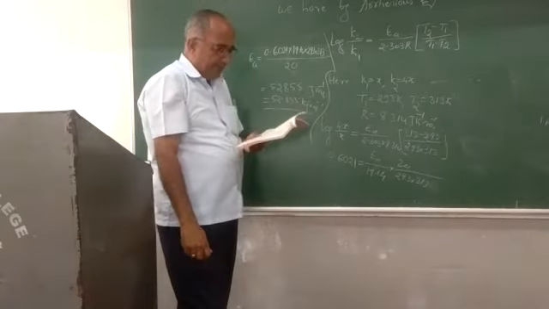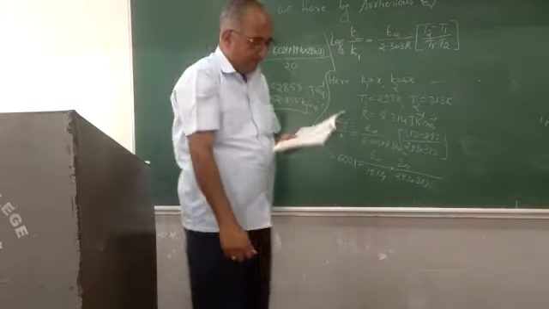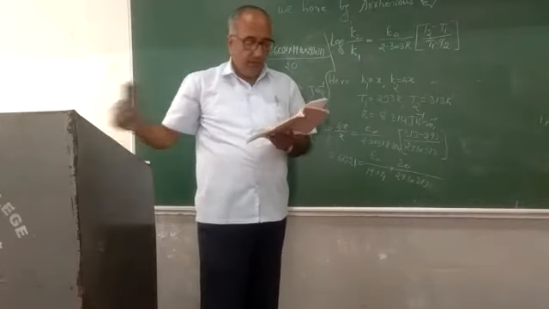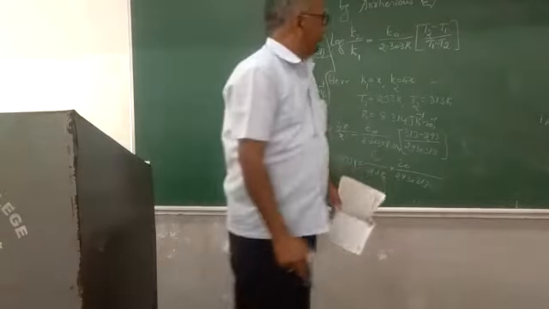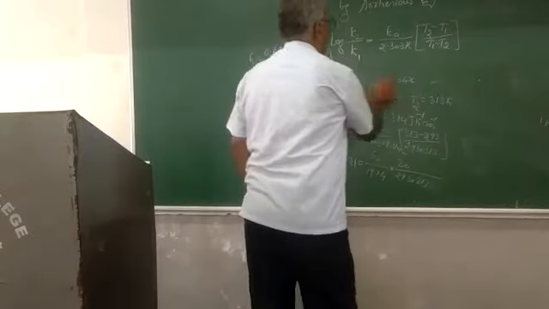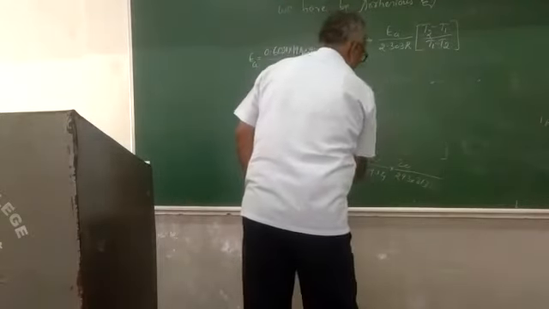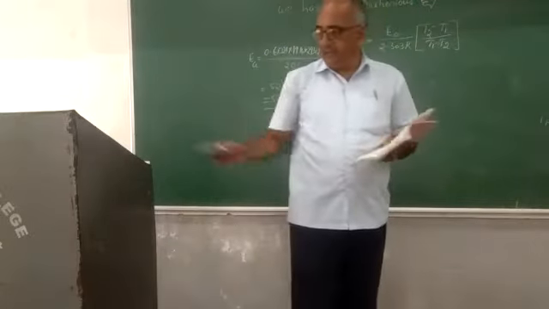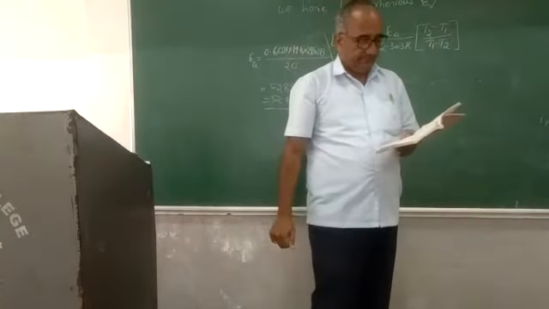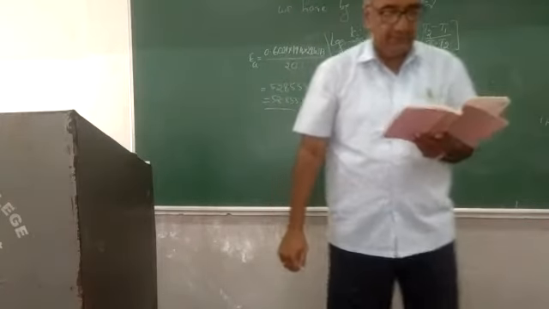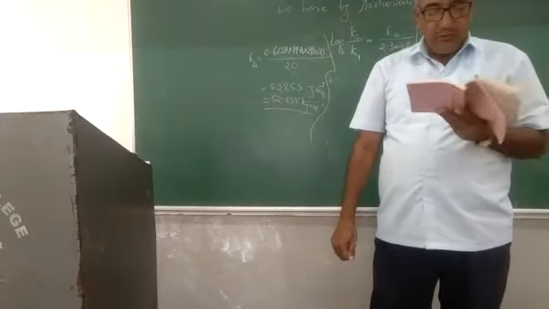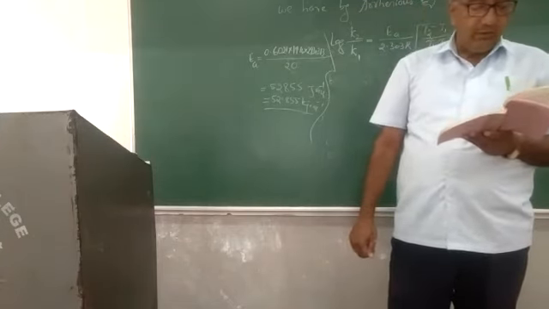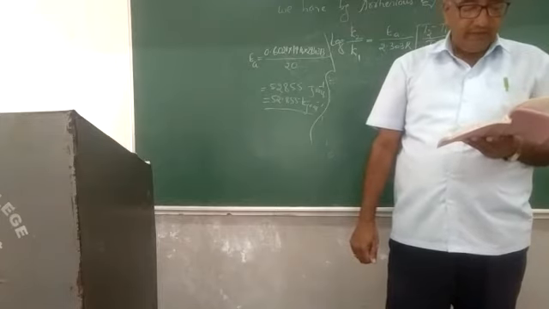Then take another example. The rate constant for a first order reaction at 300 Kelvin and 320 Kelvin are 3.50 into 10 to the power minus 5 and 5.0 into 10 to the power minus 4 respectively.